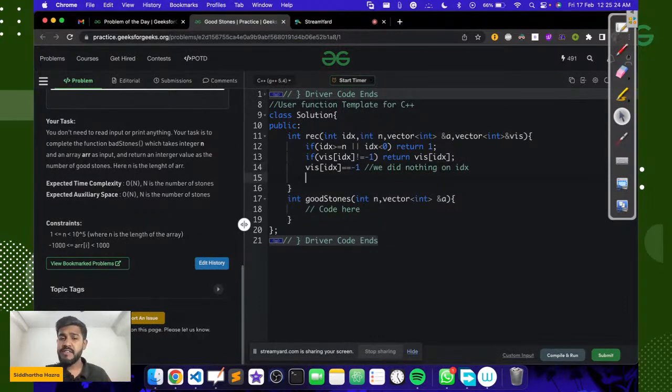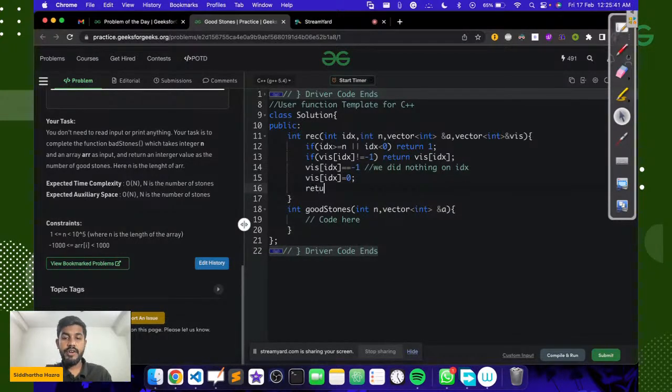The very first thing we can do is process it. So we would say visited of idx is equal to 0, and we would then move forward.